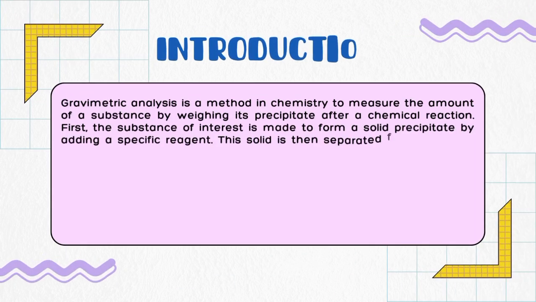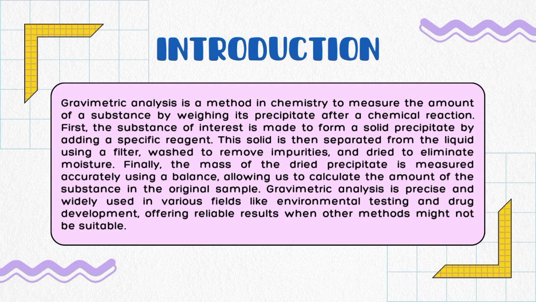First thing first, gravimetric analysis is a method in chemistry to measure the amount of a substance by weighing its precipitate after a chemical reaction. First, the substance of interest is made to form a solid precipitate by adding a specific reagent. This solid is then separated from the liquid using a filter, washed to remove impurities, and dried to eliminate moisture.